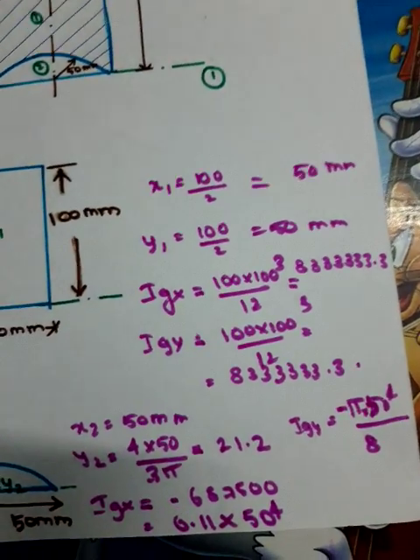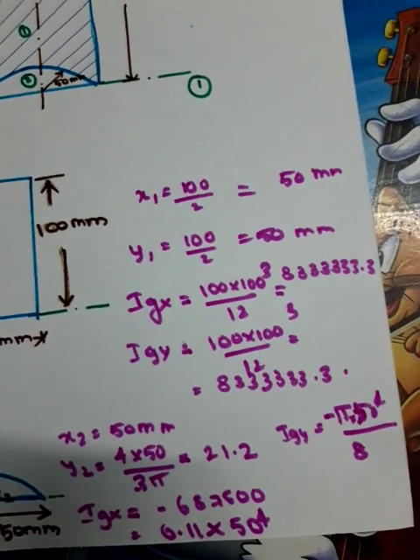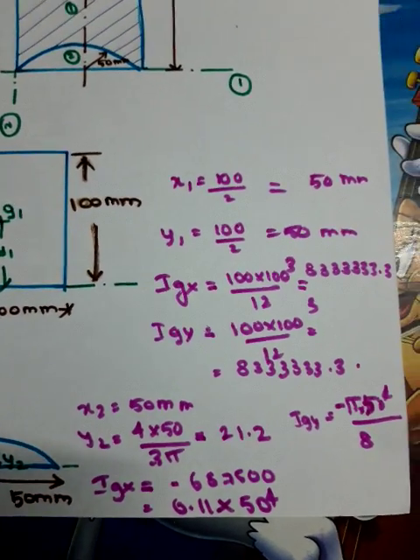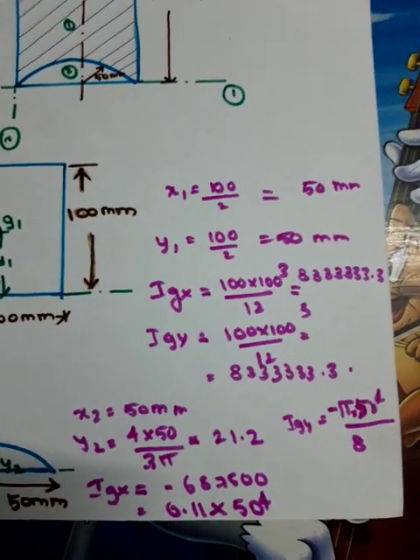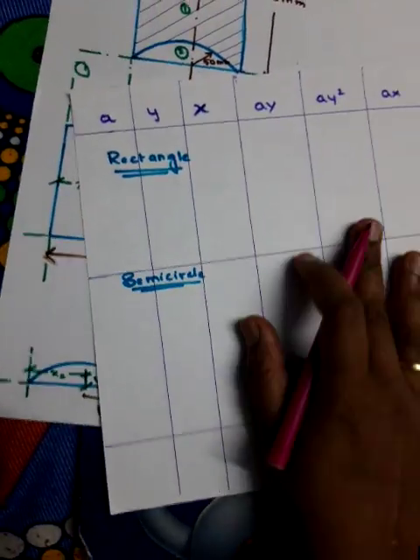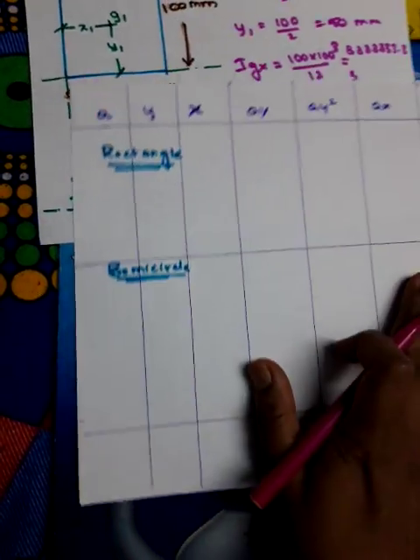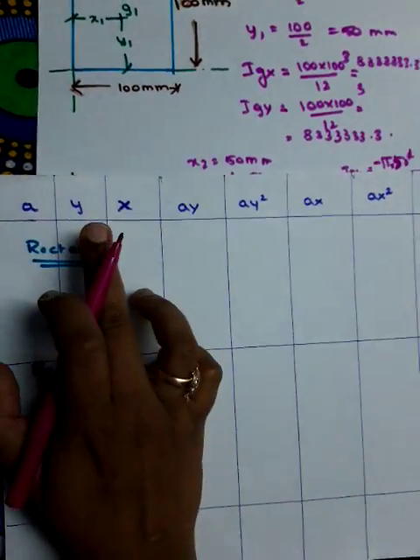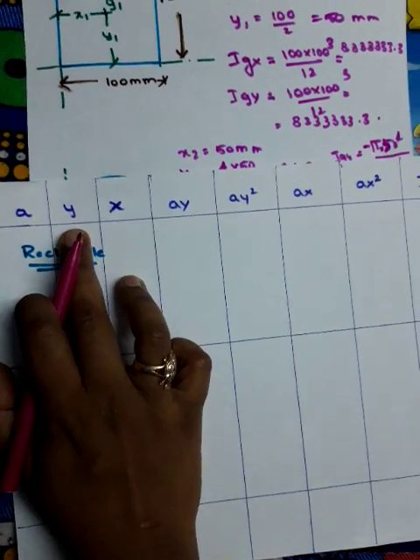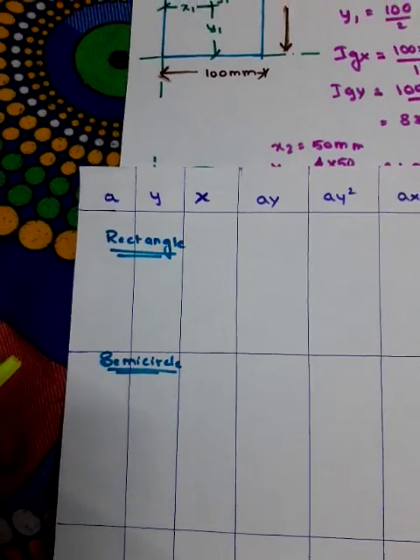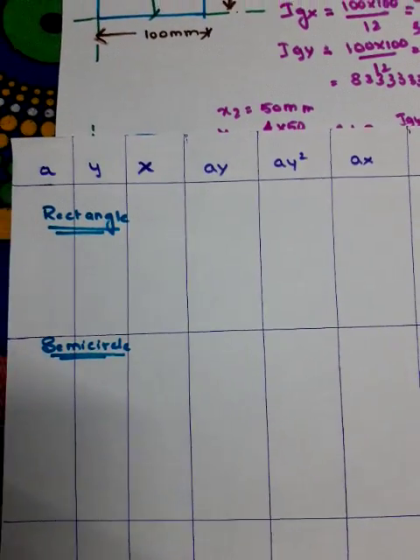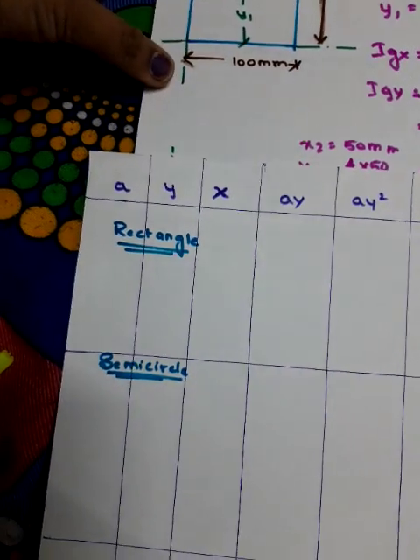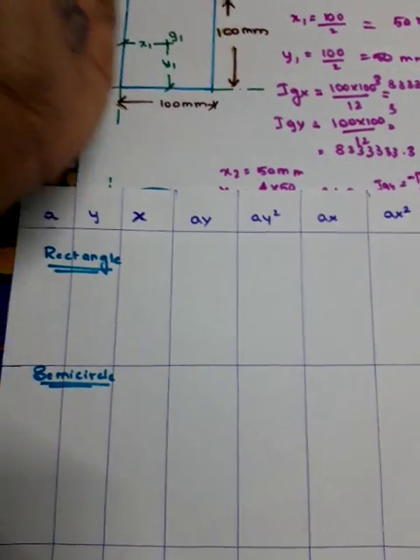Now I'll tabulate all the values in tabular form so that it will be easy to calculate. I have prepared the tabular column like this, and I've written the different parameters: area, y, that is the centroidal distance with respect to the 1 axis, and x with respect to the vertical axis.